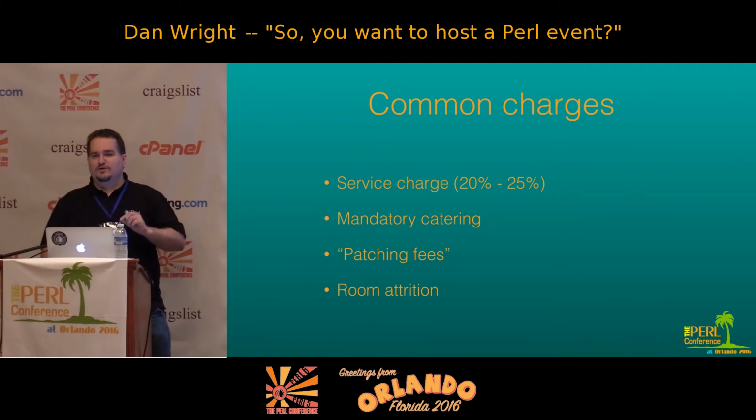And then you'll call the hotel and say, okay, we need to make these changes. And they will generate a brand new set of BEOs and send it to you. And you have to read it line by line to make sure they only change the things that you asked for. So, yeah. Like I said, I'm trying to encourage you to do this.